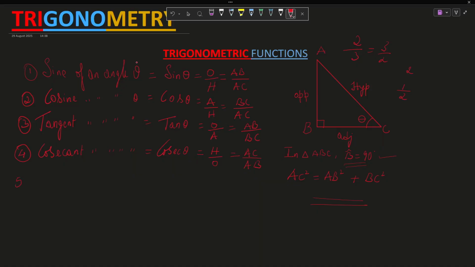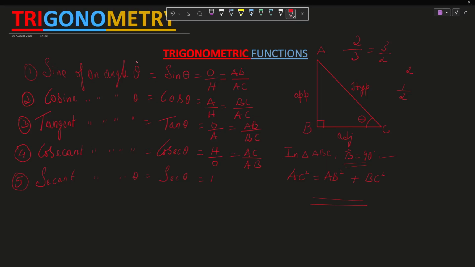Now the fifth one, remember, so here it is cosine or cos theta. Cos is adjacent by hypotenuse. Now the fifth trigonometry function is called secant. S-E-C-A-N-T. Secant of an angle theta is called sec theta.